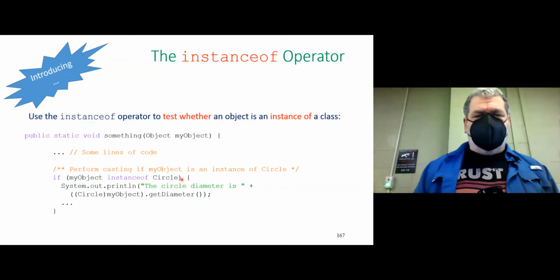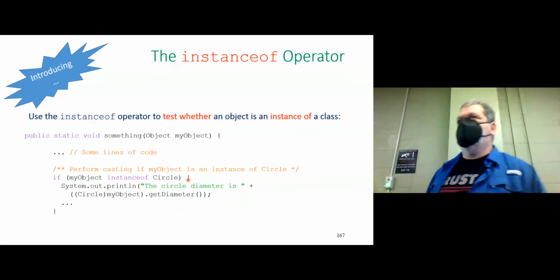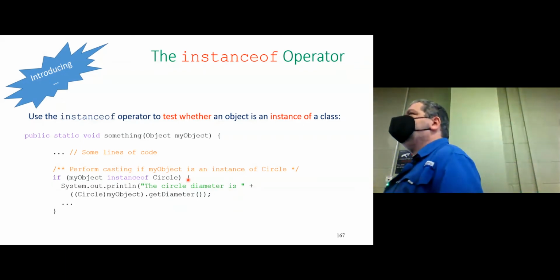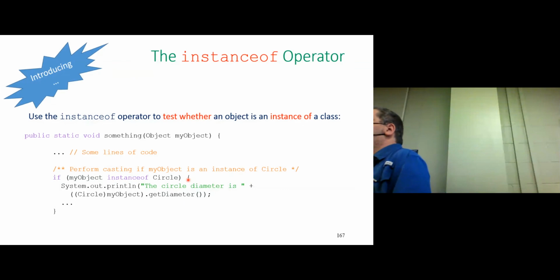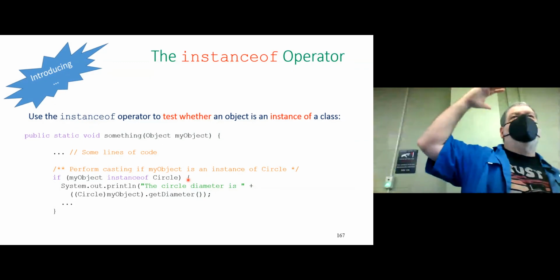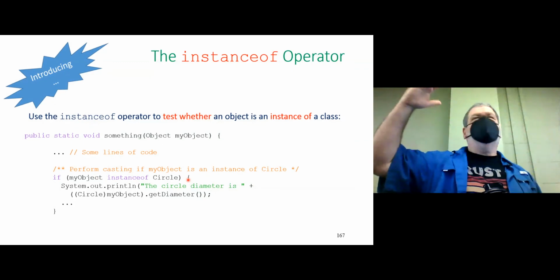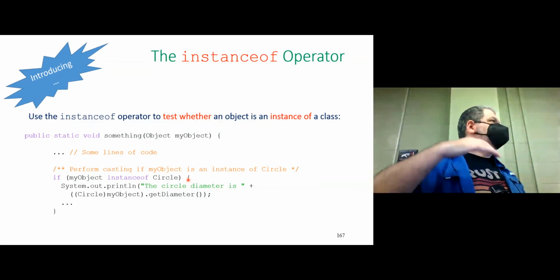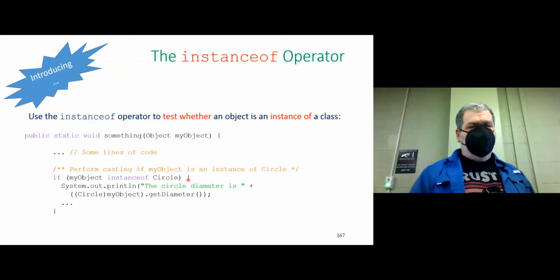All right, if it's true, if what I'm dealing with is an object of the class circle, then that means that I have access to everything the class circle has to offer. Even though my parameter was declared as a reference to object, now that I know it's actually a reference to an object of class circle, I can do explicit downcasting here. This is what's happening here.